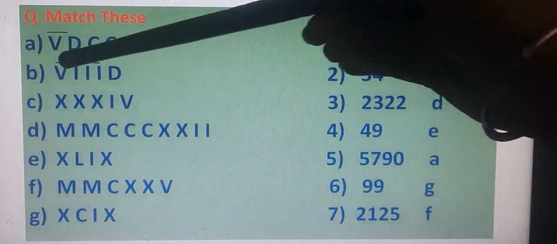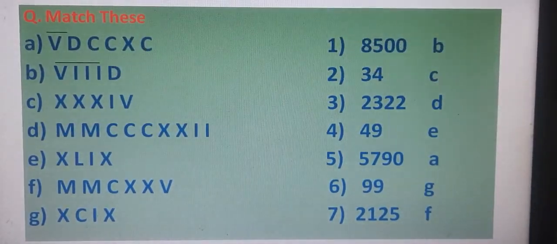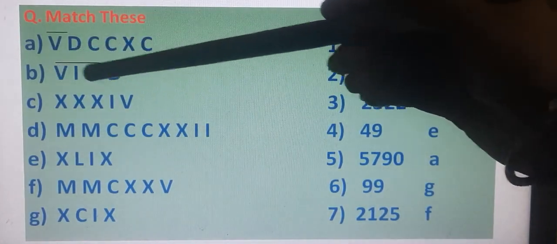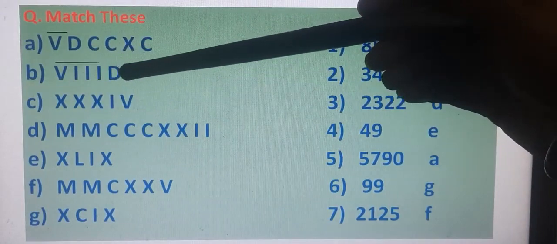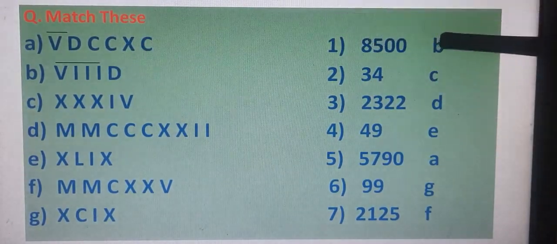Now next part, VIII bar. VIII is 8. 8 multiplied by 1000 is 8000. 8000 plus D, that is 500, 8500.